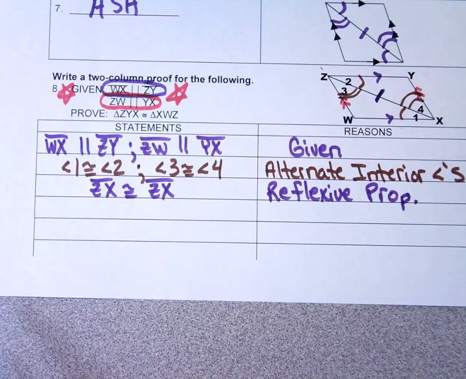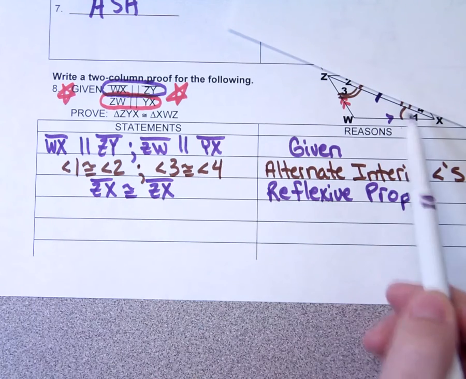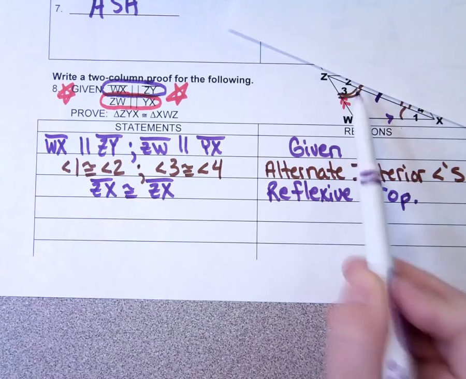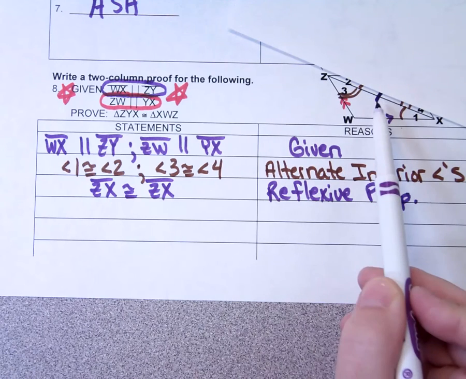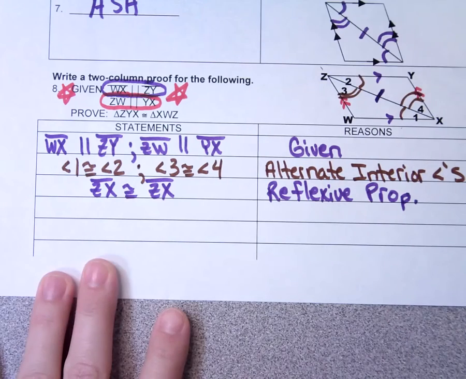Okay, now this is when I look at my picture and I ask myself, do I have enough markings to show these triangles congruent? Let's just zero in on one of the triangles. Ignore the arrows. I see a curve, a tick, a curve. So 2 curves means I need 2 A's. A tick means I need an S. Which one is it? Angle, side, angle. If I look at the other triangle, angle, side, angle.